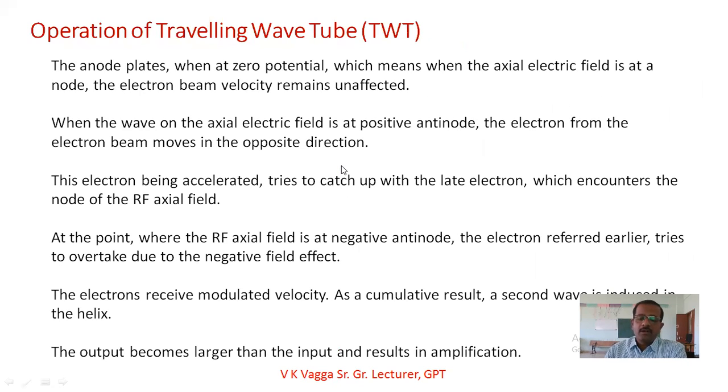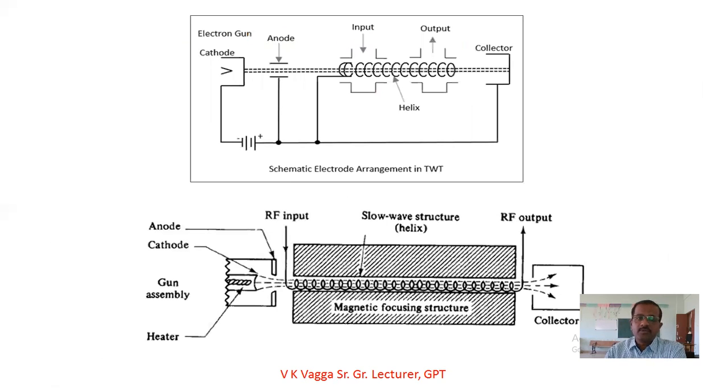And if you take the operation, the cathode is used to emit the electrons, and if the voltage at the anode and the coil is equal to zero potential, the speed of the electrons is unaffected. If you apply some amount of positive voltage, it is going to decrease the speed of the electron, and afterwards the input is going to input the RF signal.